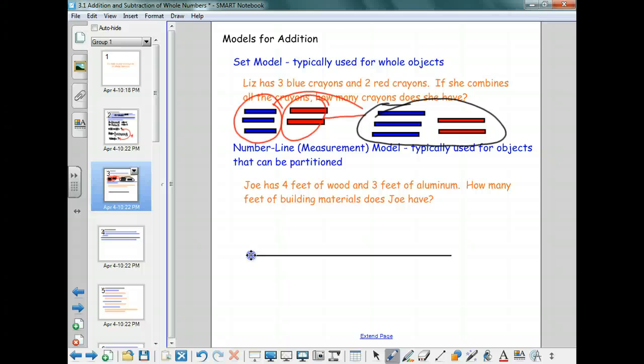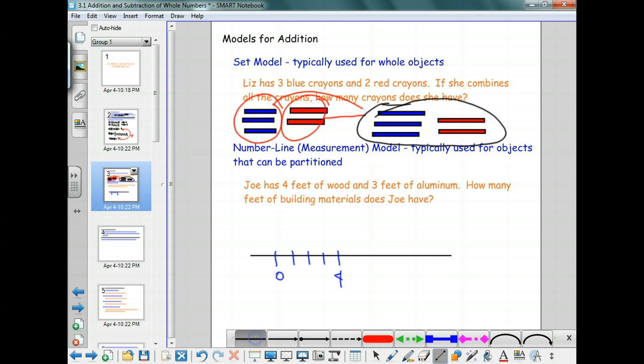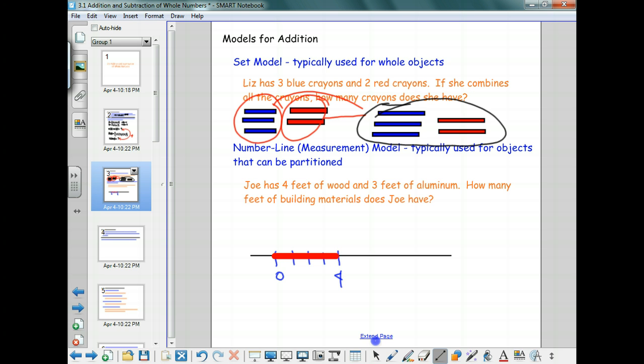When we look at this one, we're going to start with 0 and put in 4 feet of wood. So I've got 1, 2, 3, and 4. There's my wood right there, the 4-foot long piece of wood. Then we're going to put it end to end with my piece of aluminum. My piece of aluminum is how long?